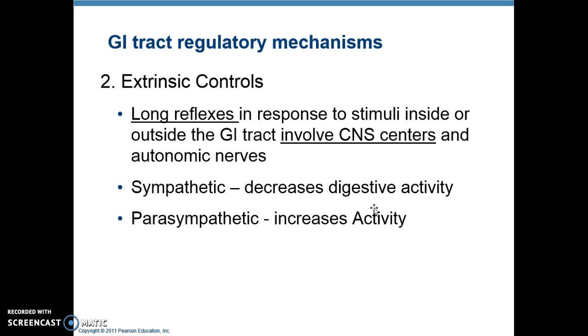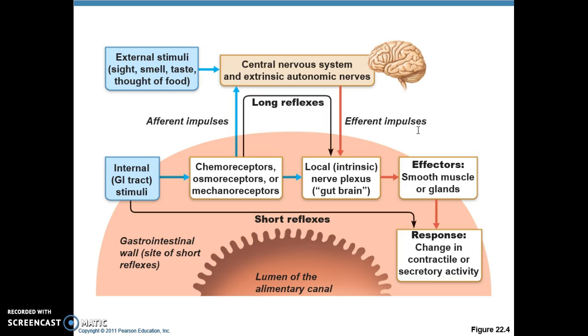Then you have extrinsic controls. Extrinsic just means things that are outside of the digestive tract, or includes things outside of the digestive tract. So the first extrinsic mechanism on that last slide refers to long reflexes, and this is just the gut communicating with the brain and then the brain responding in some way.